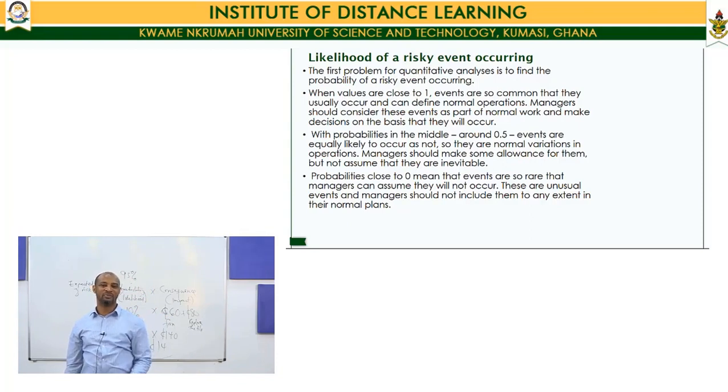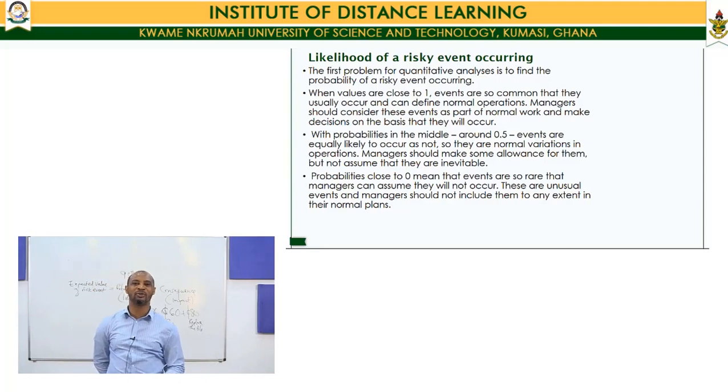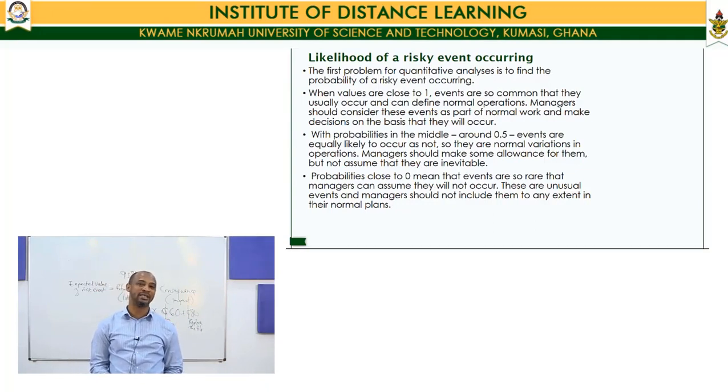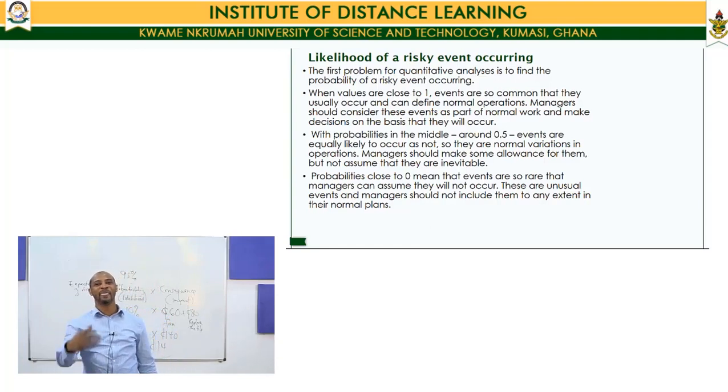Okay, let me give you a typical scenario, though it's not a popular one. Every day we wake up in the morning, those of us who don't have cars, you go to the trotro or the taxi station or whatever means of transport you intend to take. You are damn sure that accident will not occur, even though you know accident can occur. What plan did you take? How many of you have taken accident cover, just so that when you are coming to class and there's an accident, you will get some compensation? You only rely on the third party insurance of the transport company.